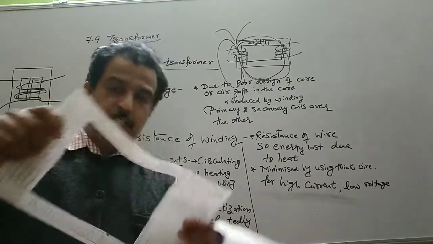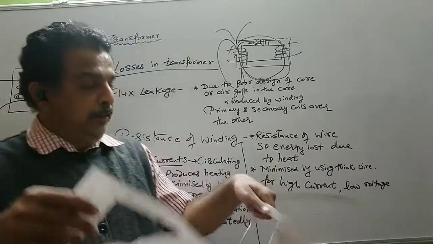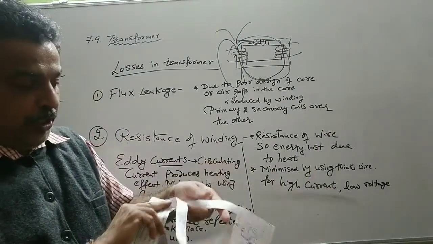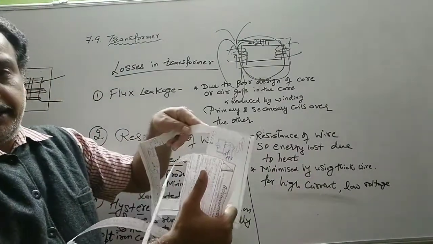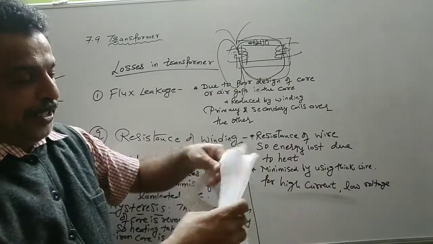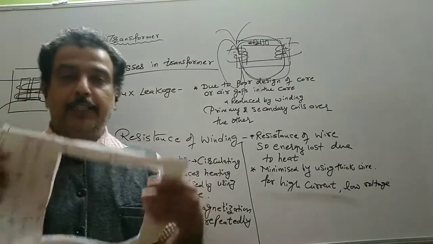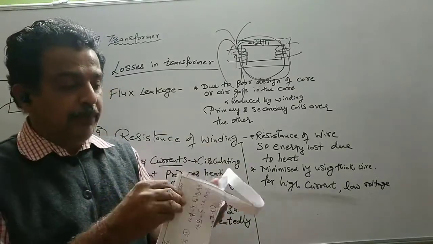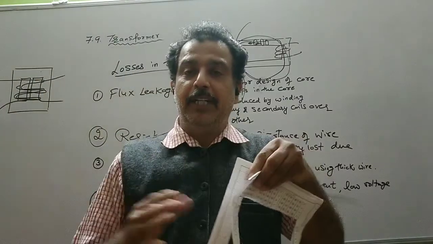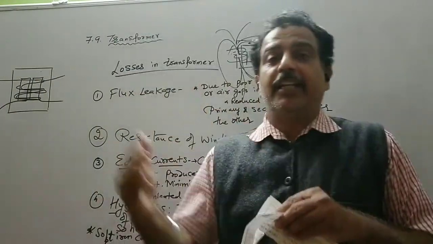So if I use this one soft iron core, then I put some laminated portion between these two sheets. So here these two sheets are not directly joined together. We have to keep a laminated sheet or laminated material, any laminated material, say a mica sheet.